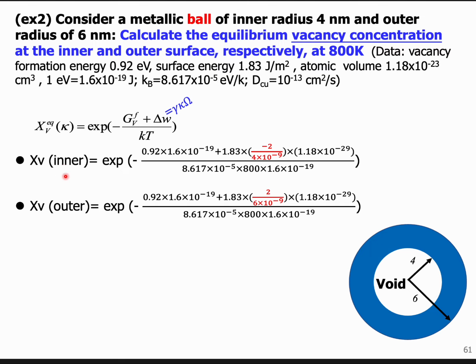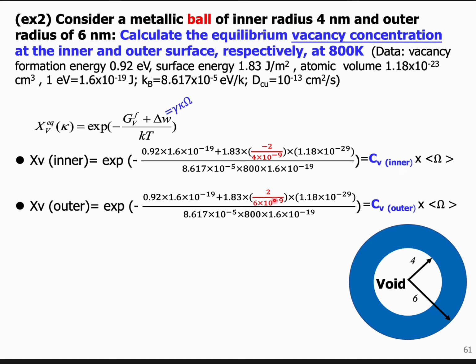But this is the vacancy fraction, right? What I'm interested in is the vacancy concentration, so divide by omega, then you get C_V on the inner surface and C_V on the outer surface. Based on this, let's check. The inner is this term minus the extra term, and the outer is this term plus the extra term.